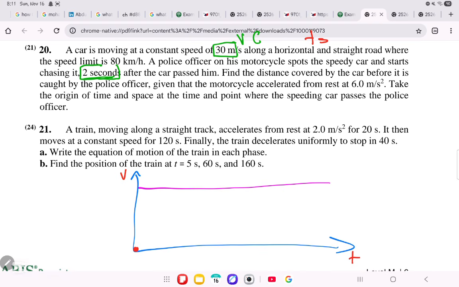After 2 seconds, the police officer starts moving, until he catches up with the car at a specific position x, and at this position the time would have been t seconds.